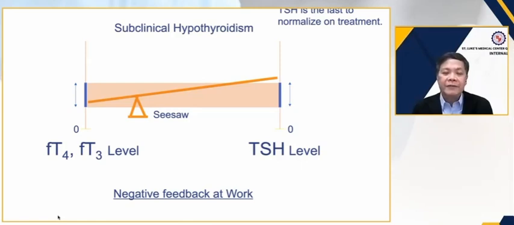And while the FT4, FT3 are slowly going up, TSH will slowly come down. So TSH is the first to become abnormal, but is the last to recover during treatment.